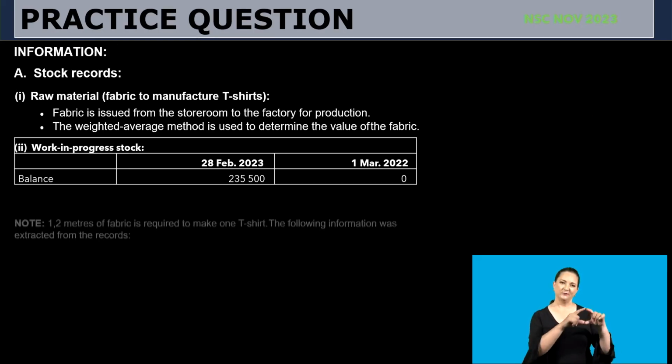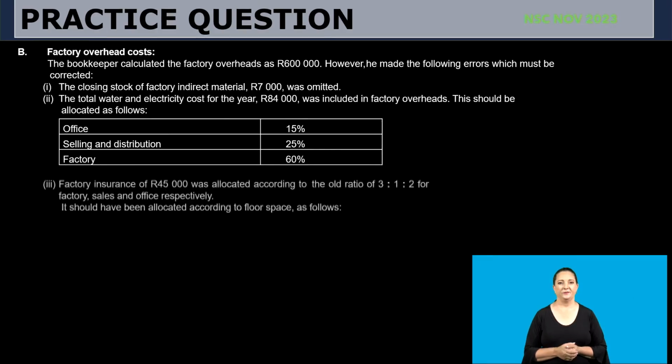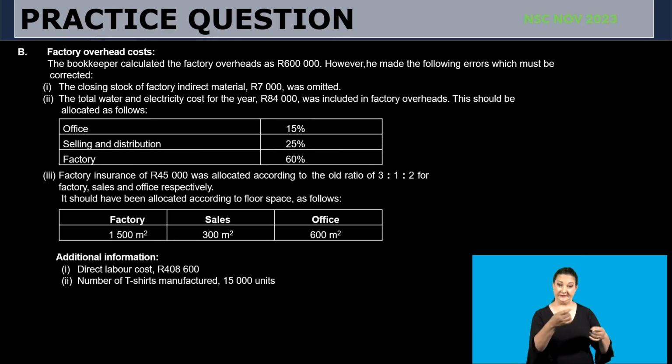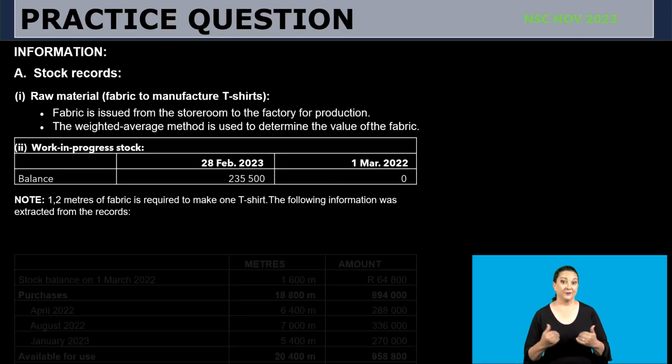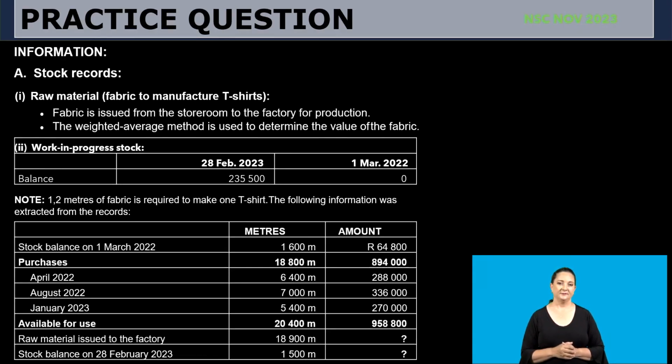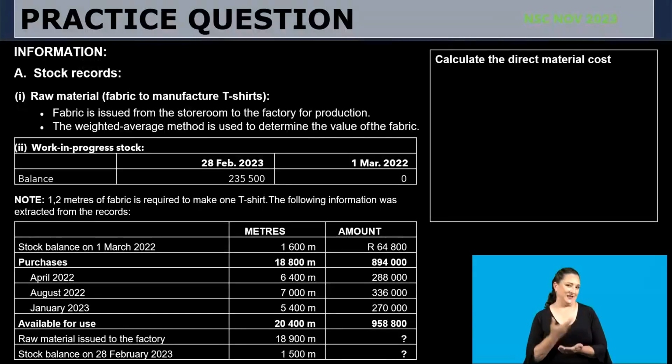Here's the information that we were provided, and this is all the information that we're going to use. Okay, so to begin, we want to calculate the direct material cost. Make sure you have your calculator with you so that it becomes easy for you when we do the calculations.